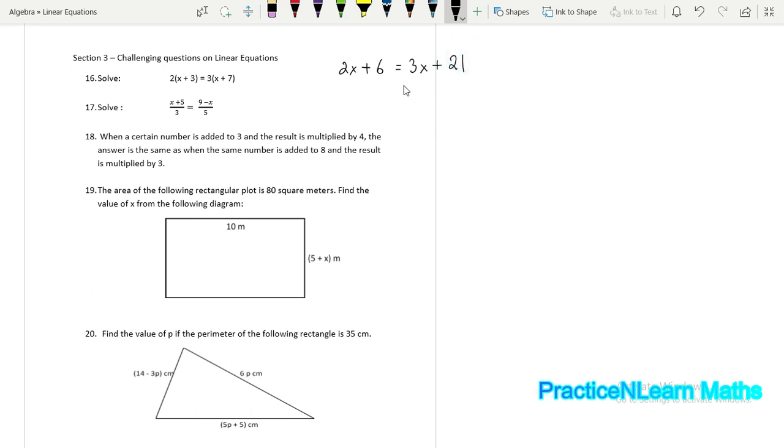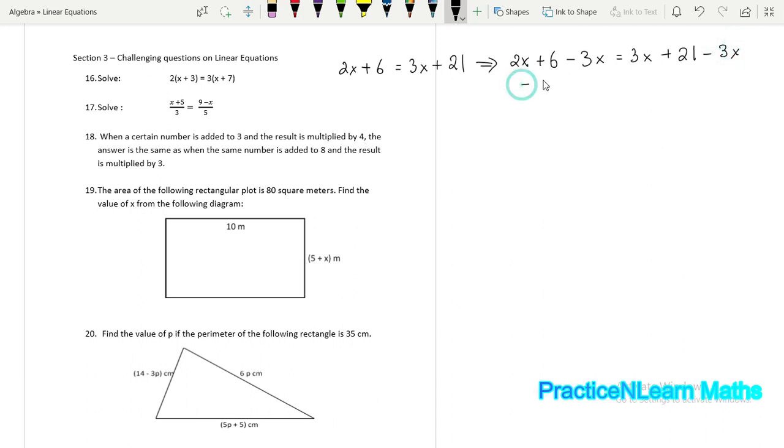Now, we subtract 3x from both sides. 3x plus 21 minus 3x.